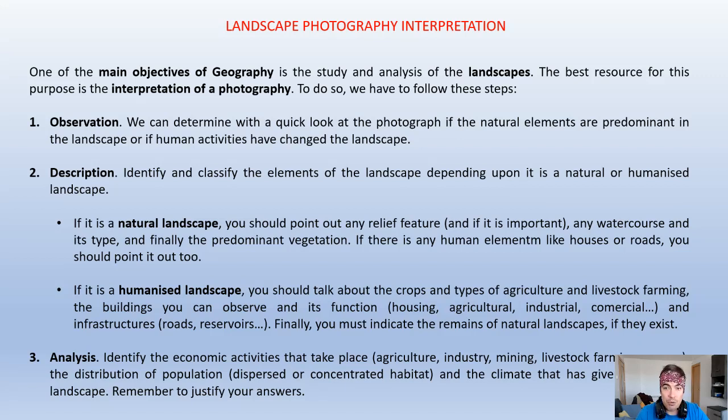So in order to make a proper interpretation of a landscape photograph, we need to follow these steps. First, observation. We can determine with a quick look at the photograph if the natural elements are predominant or if the human activities have changed the landscape.